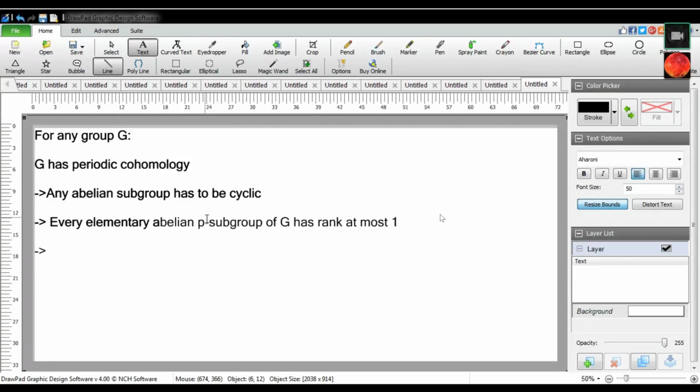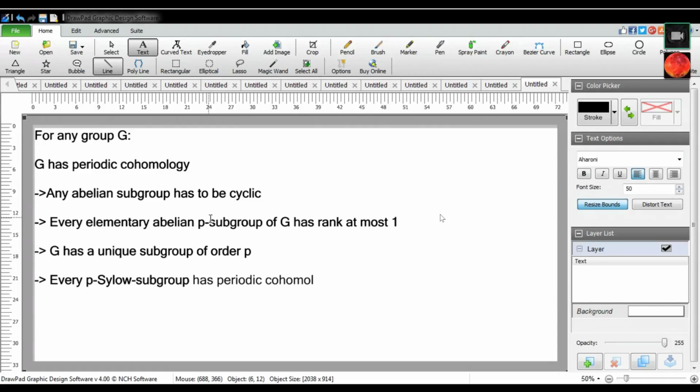From this we follow G has a unique subgroup of order P. What do we follow from this? We follow that every P-Sylow subgroup has periodic cohomology. And this is the big thing that we'll get back to.